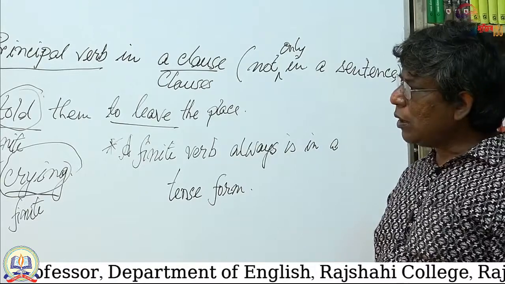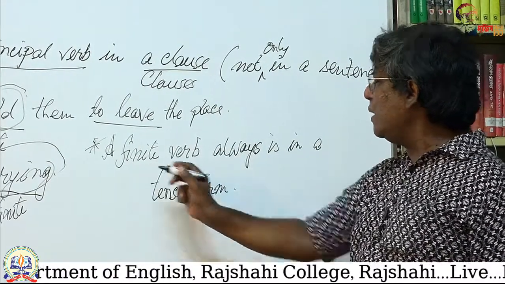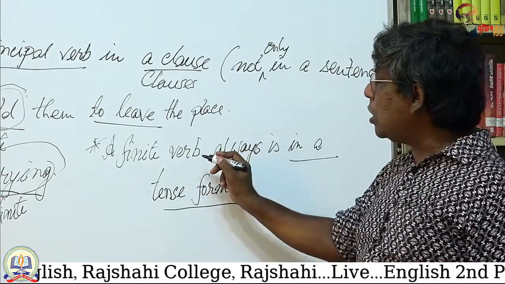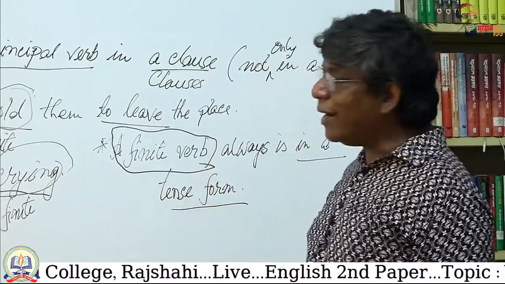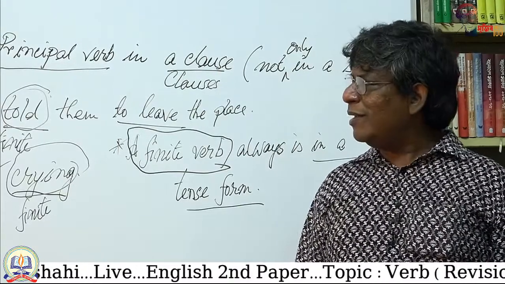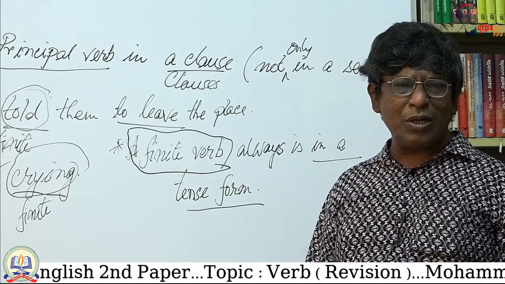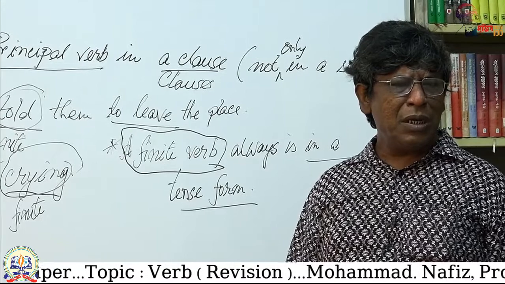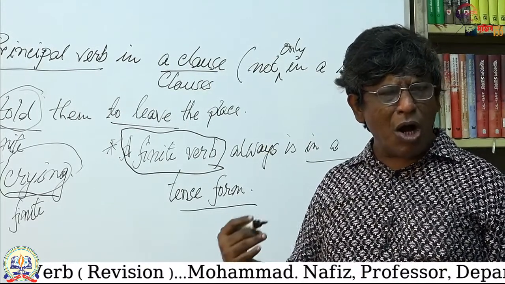So, when we get a verb in a tense form, that is called a finite verb, and such a finite verb is sometimes used without any auxiliary verb, sometimes with auxiliary verbs.